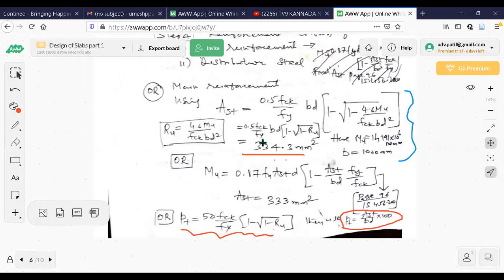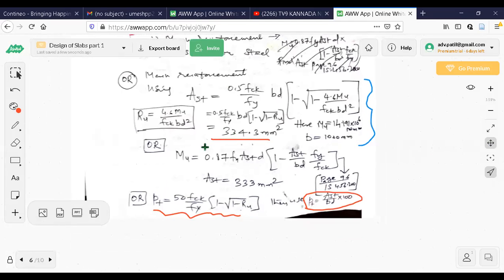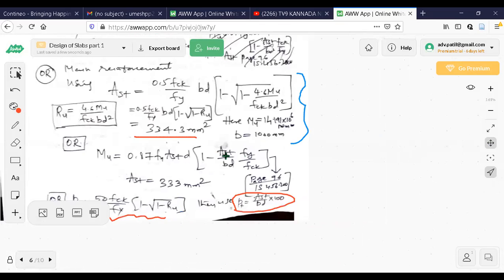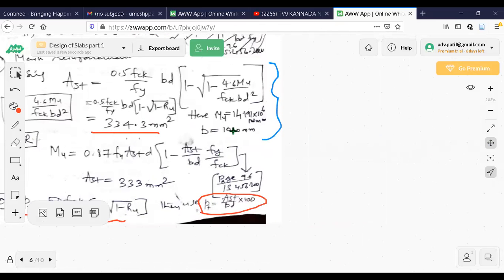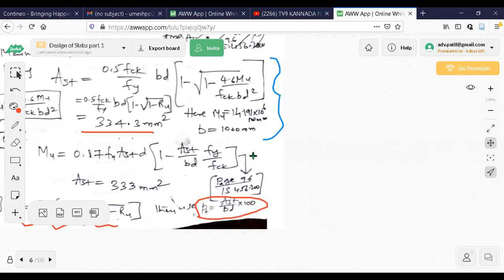Now I'm trying to explain the fastest method. The fastest method is to find out Mu by bd square. It is 14.191, or you can say 14.2 into 10 raised to 6, divided by bd square. B is always 1000 in the case of slabs. A slab is an imaginary beam with b 1000, thickness 150.